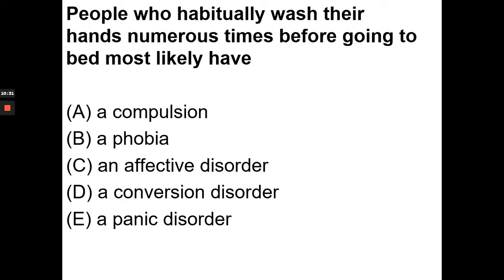Okay, the answer is, since this is a behavior, it's a compulsion. Hand washing is a compulsion. Okay, now if you're thinking phobia, maybe, but that's not the best answer. A phobia might lead to more of a panic attack or something.